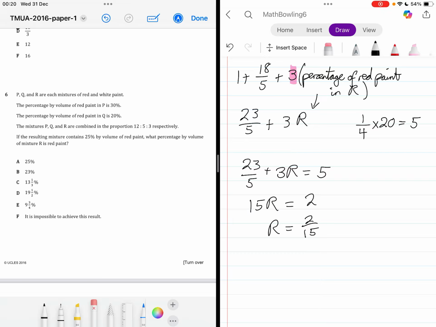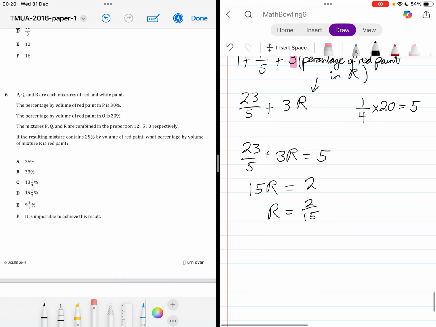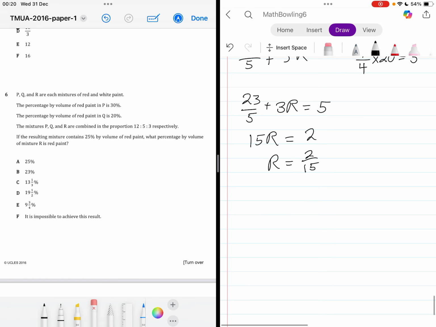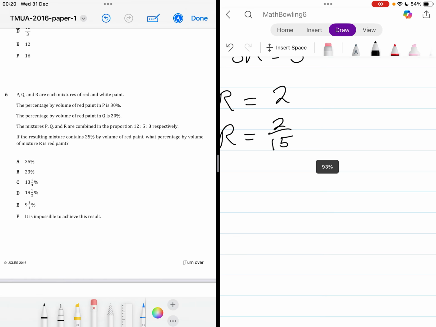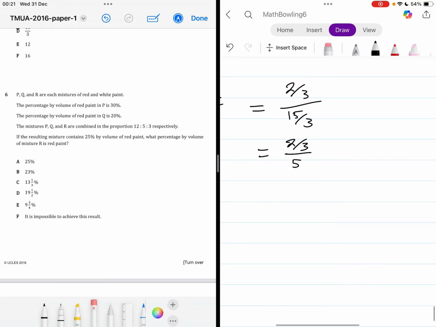Now we have to express this as a percent, which is a little bit annoying, I suppose, because it's non-calculator, isn't it? But one thing we can do is divide top and bottom by 3. So 2 over 3 over 15 over 3, 2 over 3 over 5. And then times top and bottom by 20.